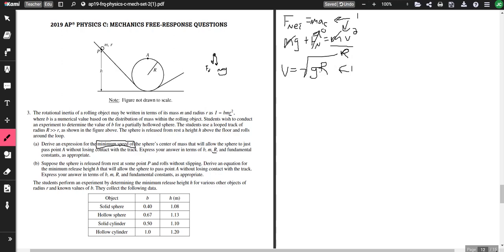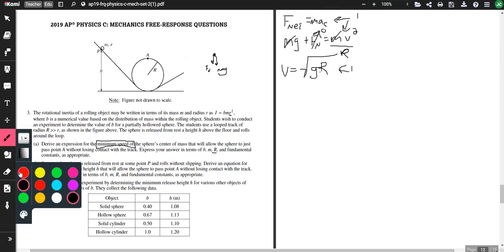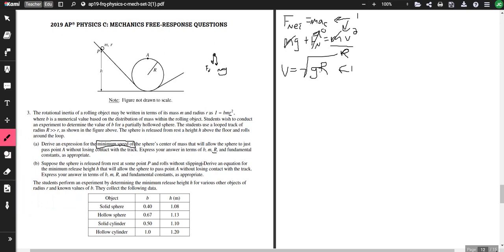All right, going down to the next part, it says, suppose that we leave it here and it goes down and rolls without slipping. They want us to get this speed. So what is the minimum height to give us this minimum speed? There are a few different ways I could go about doing this, but both of them are going to incorporate the same sort of setup.